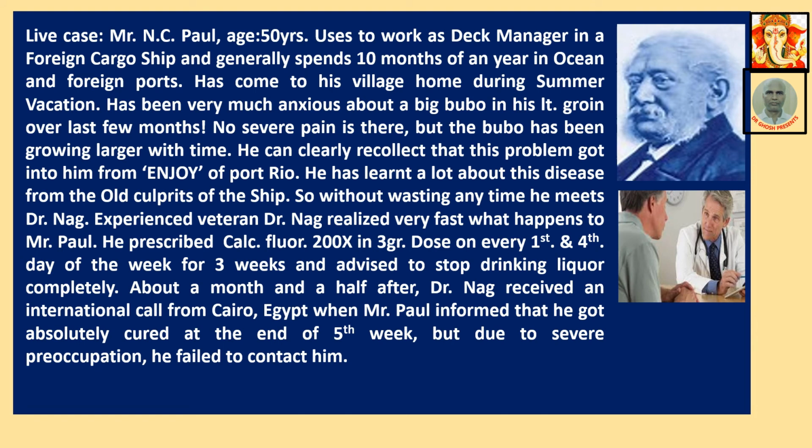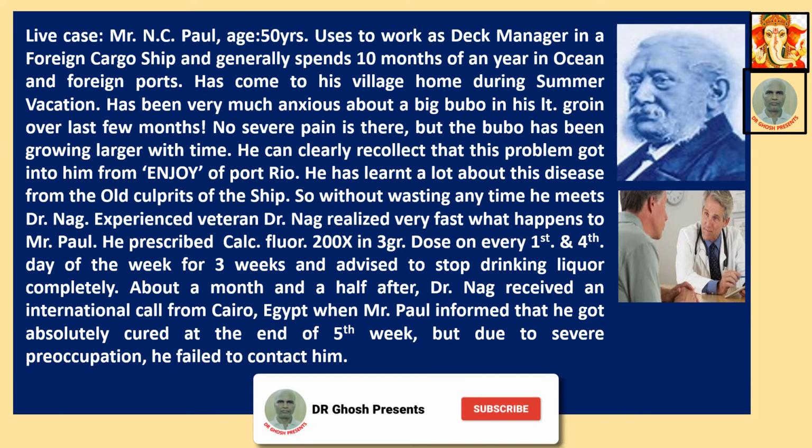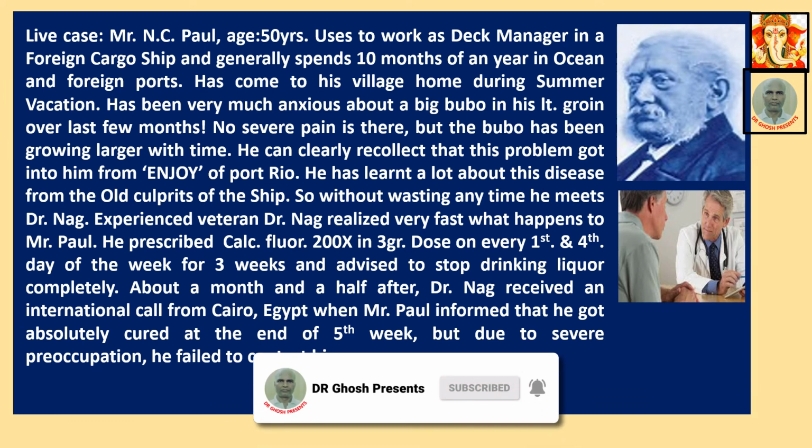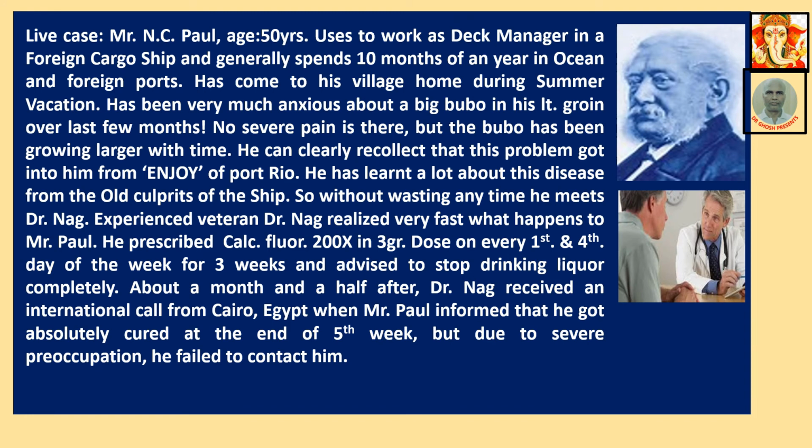No severe pain is there, but the bubo has been growing larger with time. He can clearly recollect that this problem came to him from Enjoy port of Rio. Enjoy is a recreational house in the port for crewmen. He has learned a lot about this disease from his old culprit of the ship.